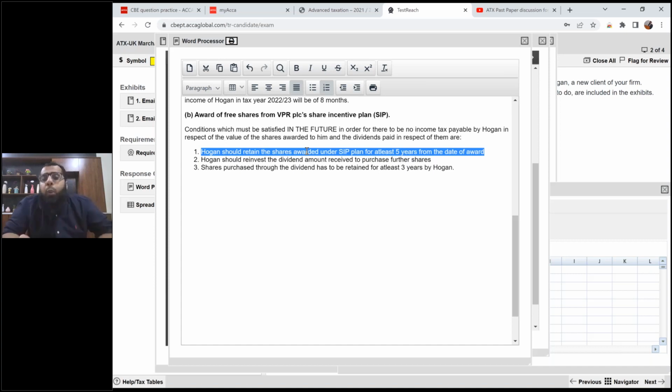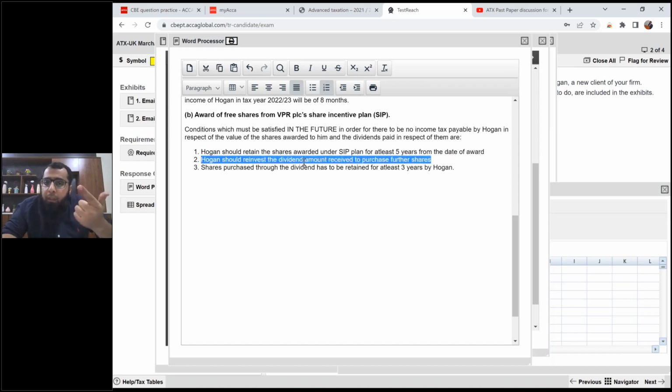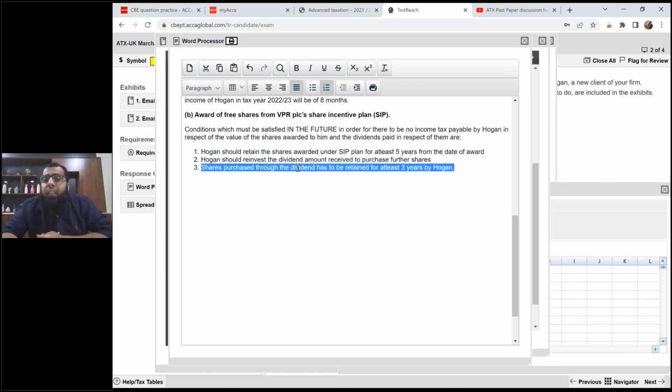But this rule was not required to be written in the answer here, because it was just a 3 marks requirement. 1 mark for retaining the shares for at least 5 years, 1 mark for the dividend amount reinvestment, and the last was for the dividend shares. The shares which you purchase through dividend, you have to retain for at least 3 years.